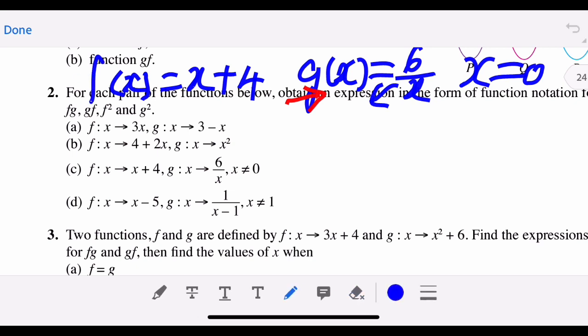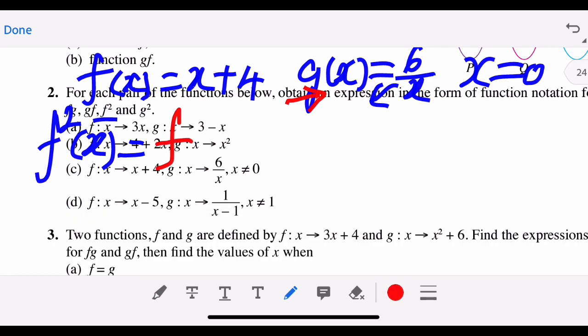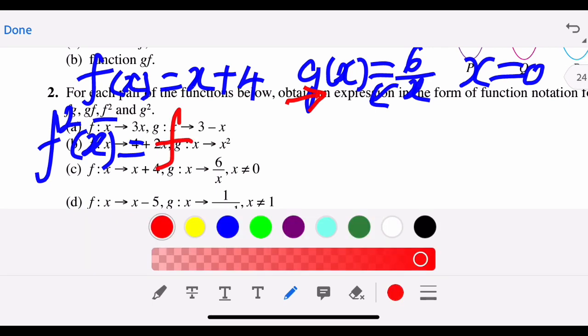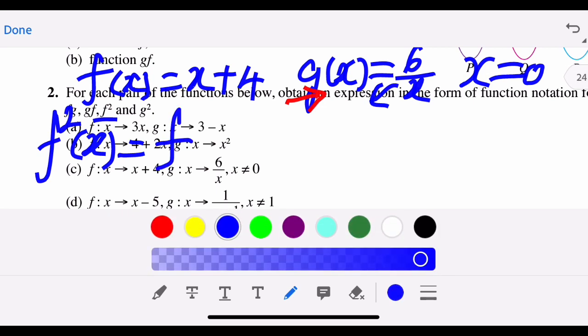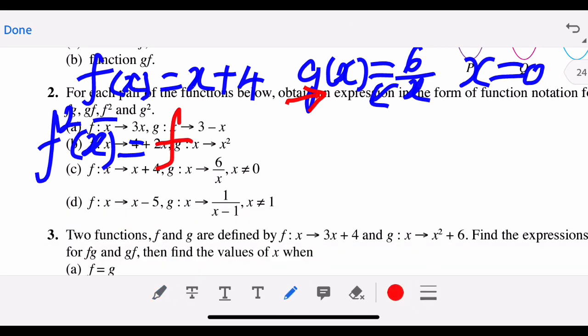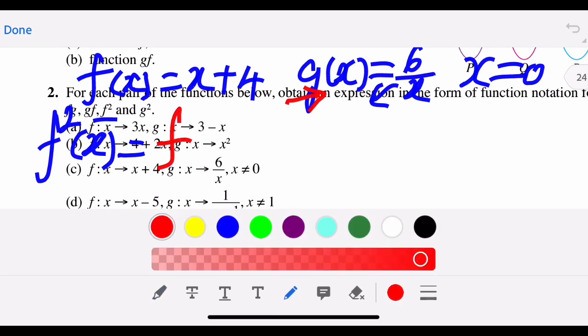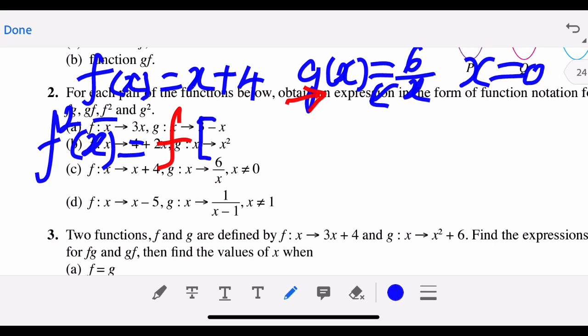How to do f2, how to do g2? Okay, so f2x means the object is fx. This is the function, and I'm going to write the object, and the object should be the function f itself.